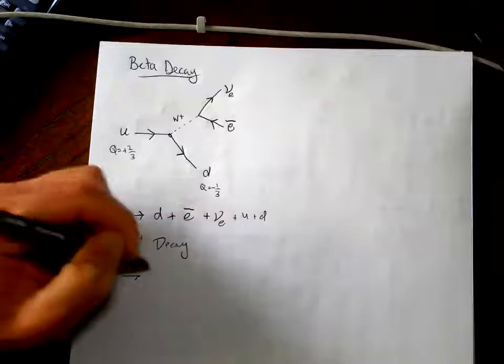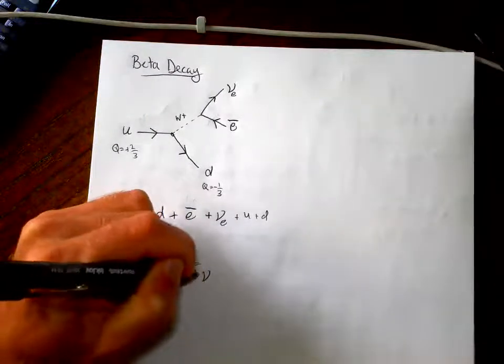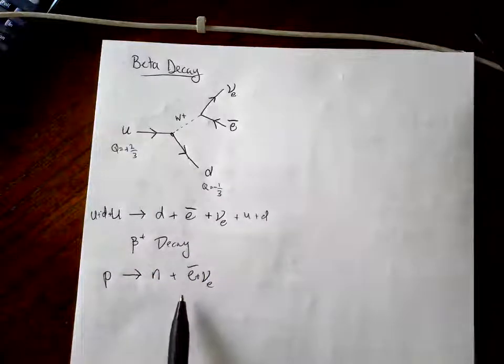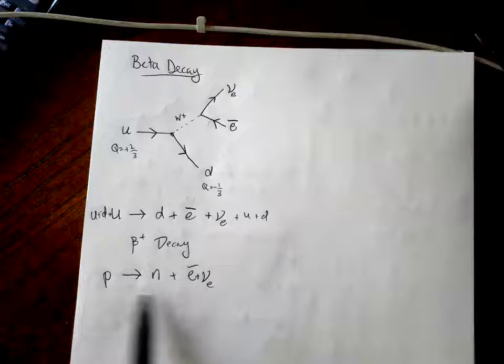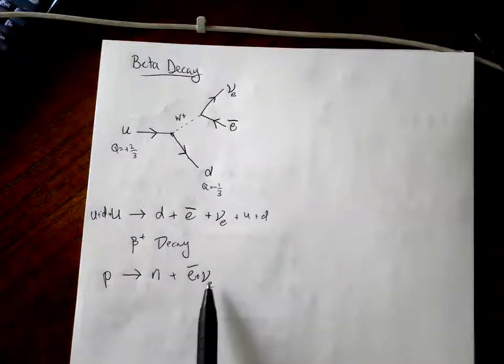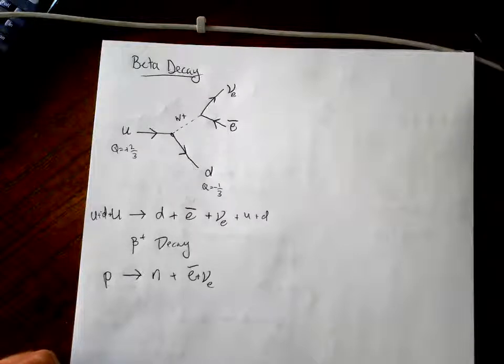Up, down, down is a neutron. So the result of beta plus decay is it transforms a proton into a neutron and then spits out an anti-electron and a neutrino.